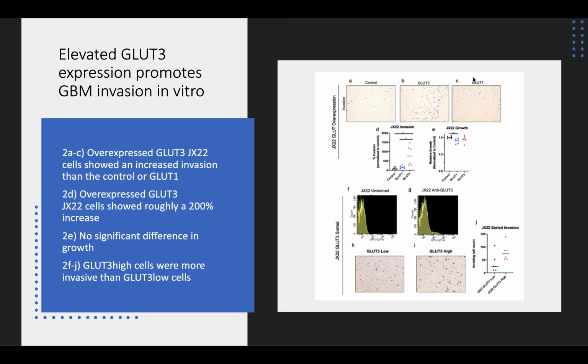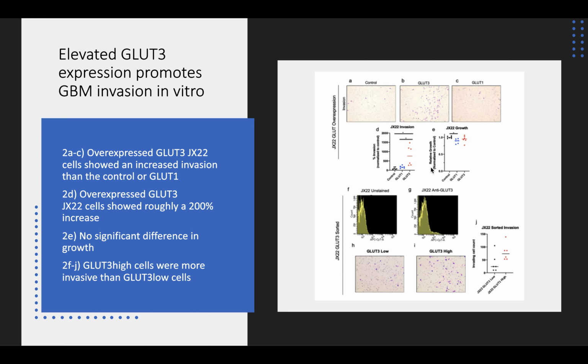And then in figure 2C, we see GLUT1 as it pertains to JX22 GLUT overexpression and invasion. The synopsis of 2A through C was that the overexpressed GLUT3 JX22 cells showed an increased invasion over the control or GLUT1.